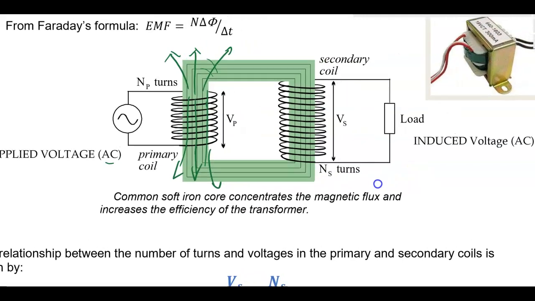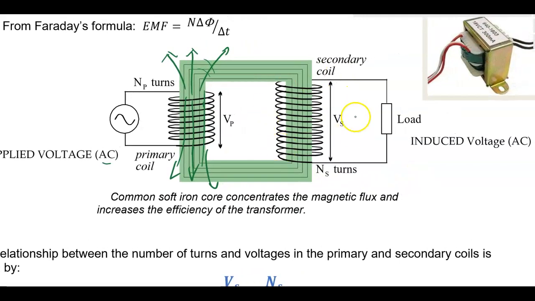Now, back to this diagram. On the right-hand side here is what we call the output or the secondary coil. Sometimes called the output, often called the secondary coil. Again, it's simply a bunch of coils of a certain number of turns.